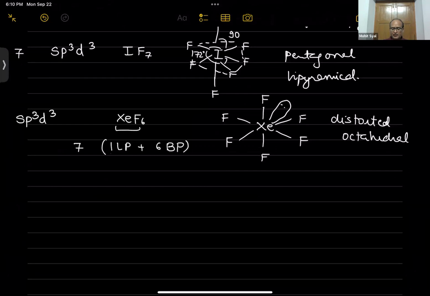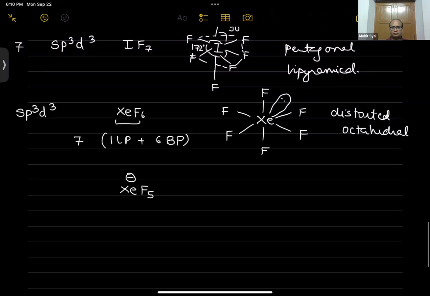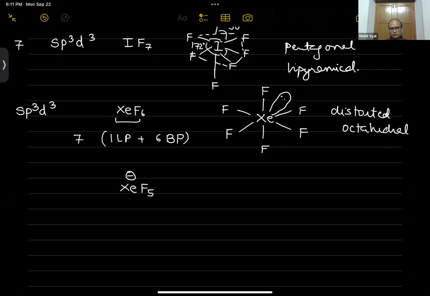Next, which I told you is very important, XeF5 minus. So try this. How many electrons will you consider on the xenon? Minus means more electrons or less electrons? Minus means more. Got it? More number of electrons.